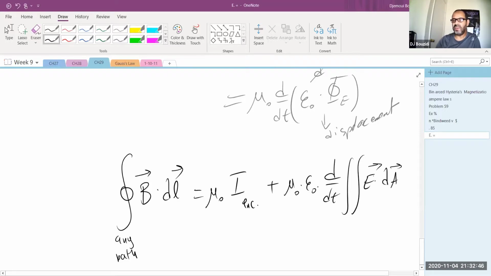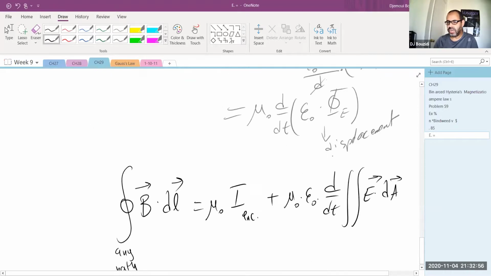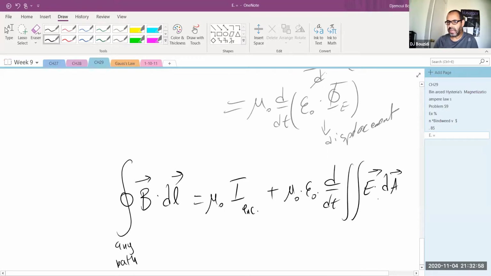For this case, it's E times A, because A is a uniform shape and E is constant. That's why E times A is the flux. But in general, it could be more complicated than that, so you take the integral over whatever area you're considering, and if the electric field is changing, you do that.